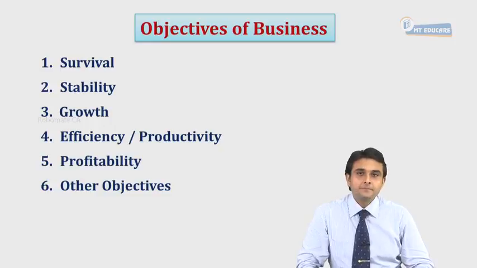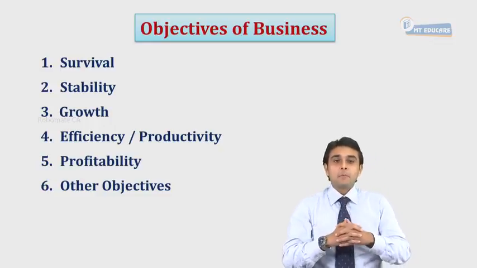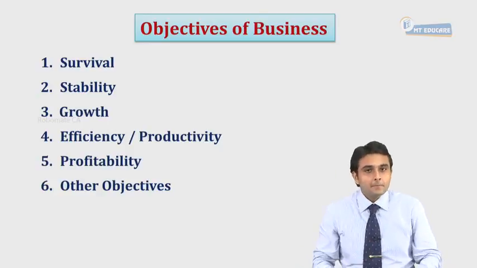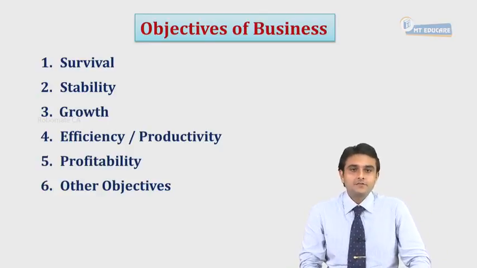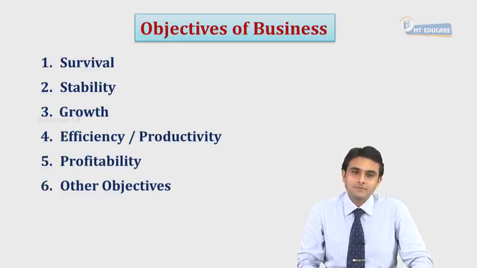And these businesses were either on the verge of dying or they're already dead. And there could be a number of reasons for that. But the point to be noted is the fact that survival becomes the first and the primary objective of a business. So survival is basically the will and the anxiety of a business to stay for a long term in the future.